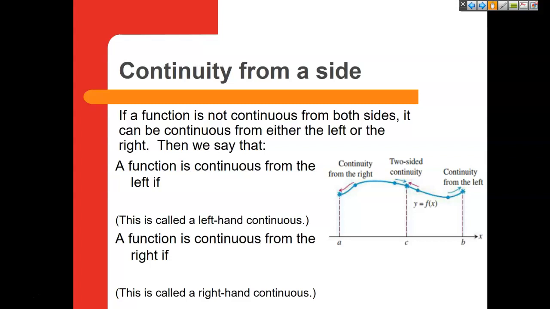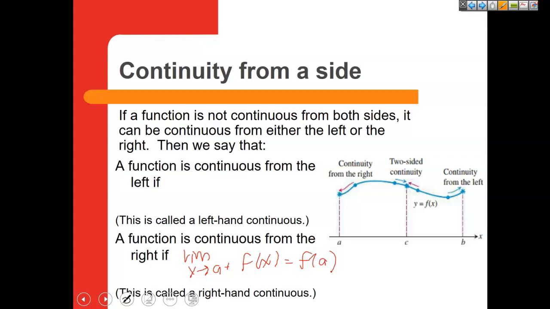A function is continuous from the right if the limit as x approaches a from the right of f of x equals f of a.